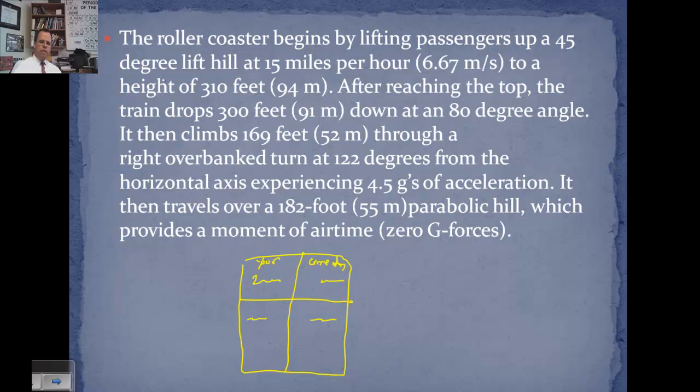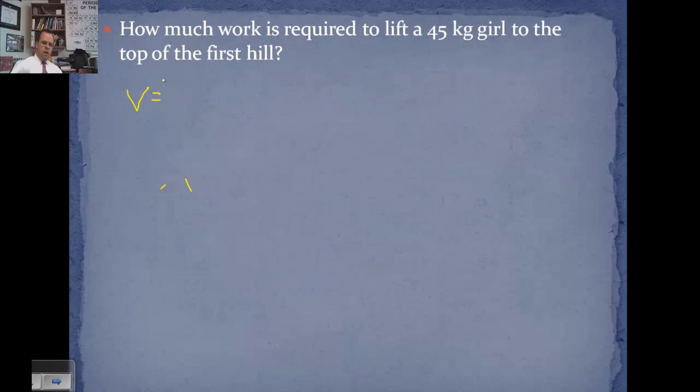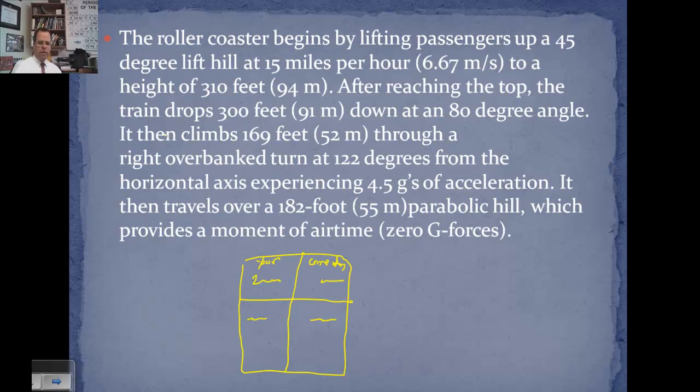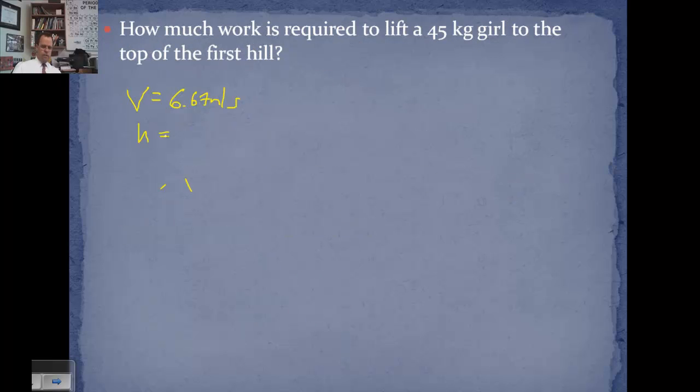So in this case, our velocity is 6.67 meters per second. We have a height that was given earlier, 94 meters. We have an angle of this hill of 45 degrees.